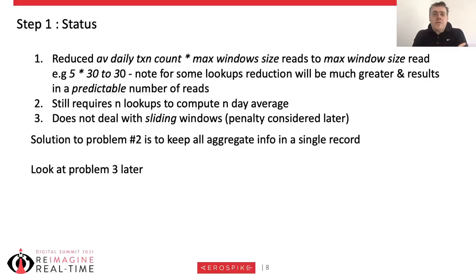It's really important to note that this is, on average, the level of improvement I would have got. Some accounts will have much higher transaction rates, and of course that will be variable. There will be periods where accounts have high transaction rates and periods when they revert to the mean.